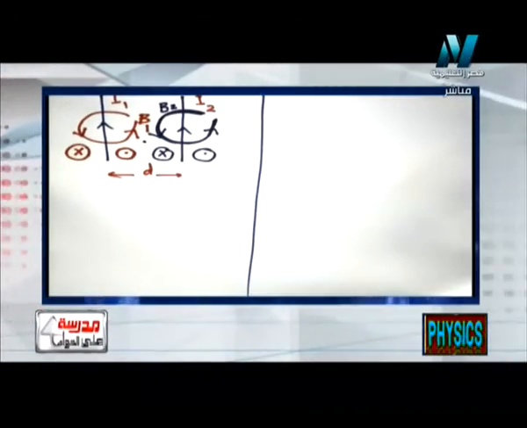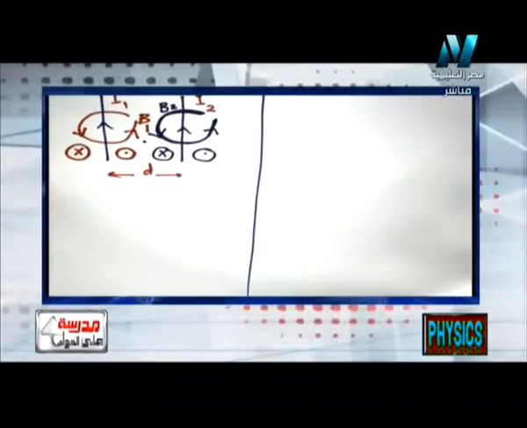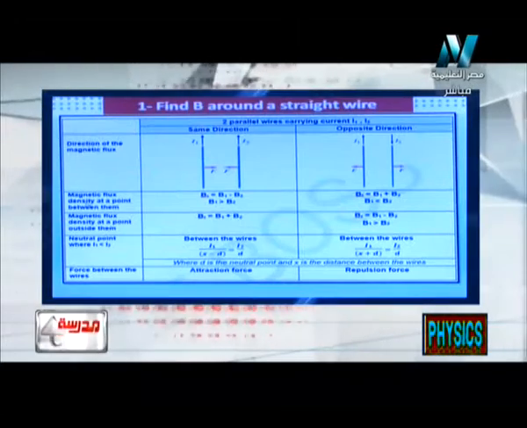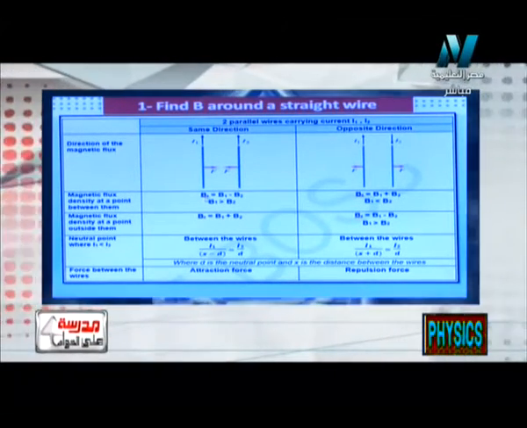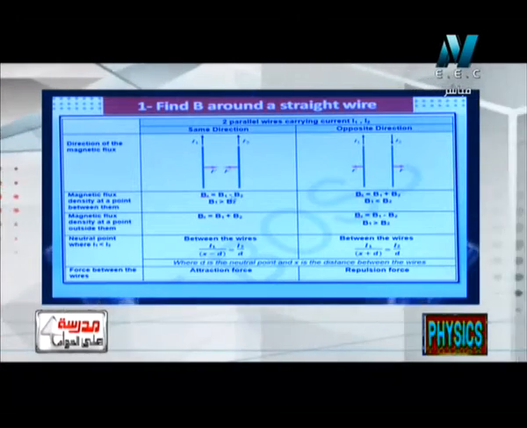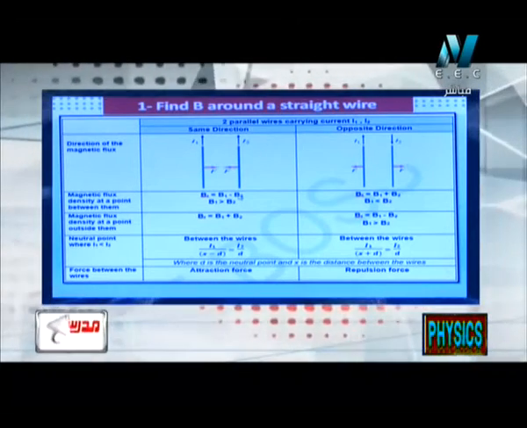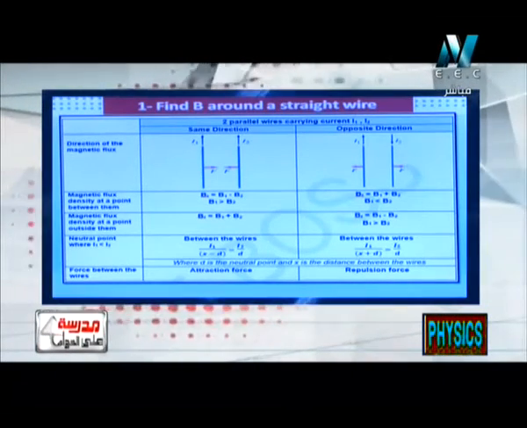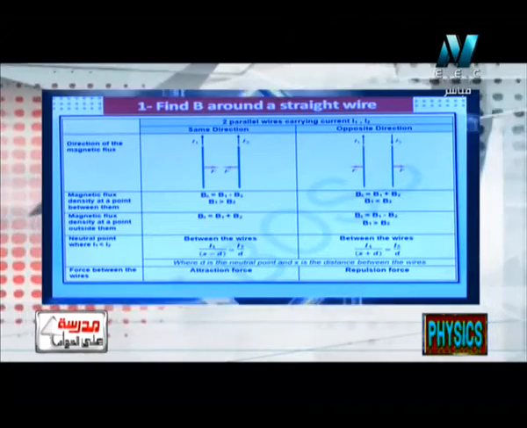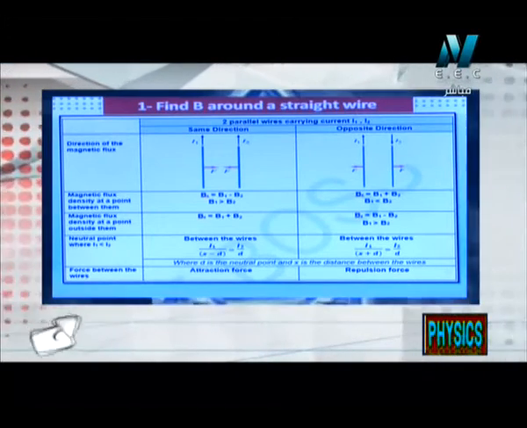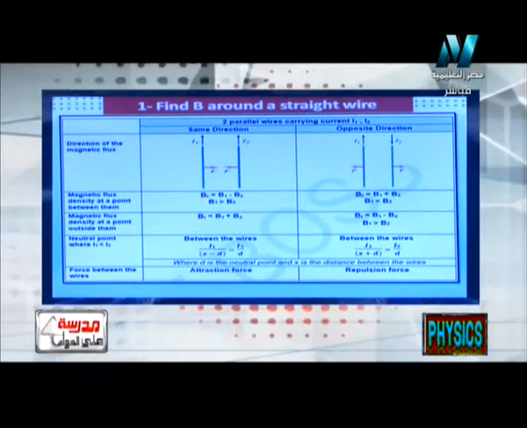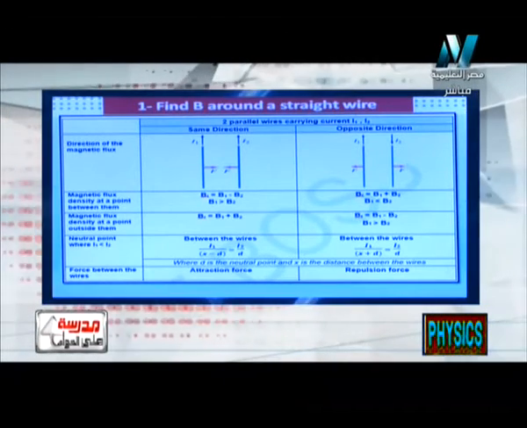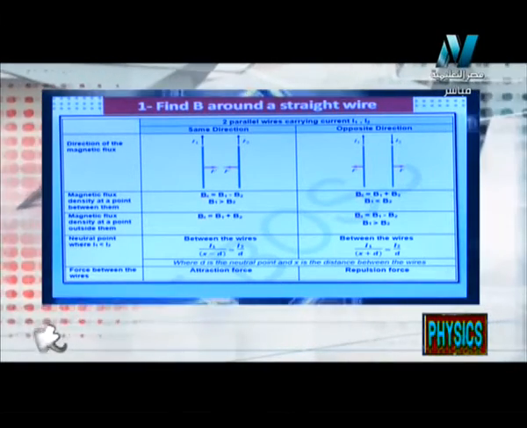So here, the rule is: the magnetic flux density at a point between them is B total equals beta 1 minus beta 2, of course when beta 1 is more than beta 2. And the rule can be written B total equals beta 2 minus beta 1 when beta 2 is more than beta 1.